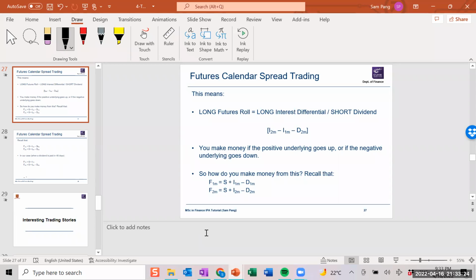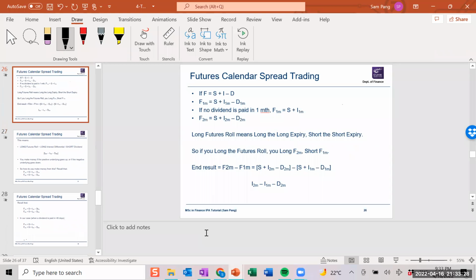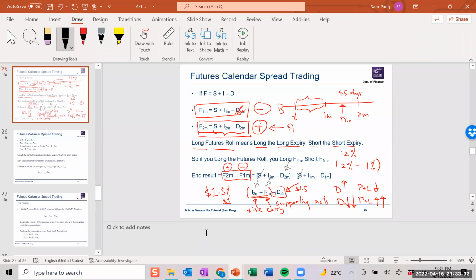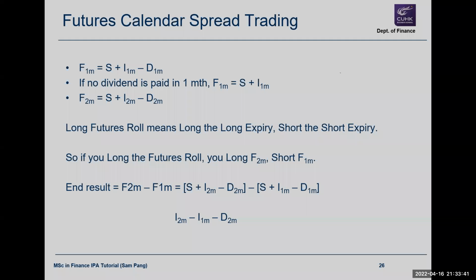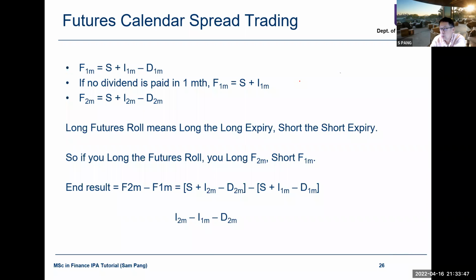It seems like it ignores the time value of interest, because the amount I pay and the amount that I receive happen at different times.